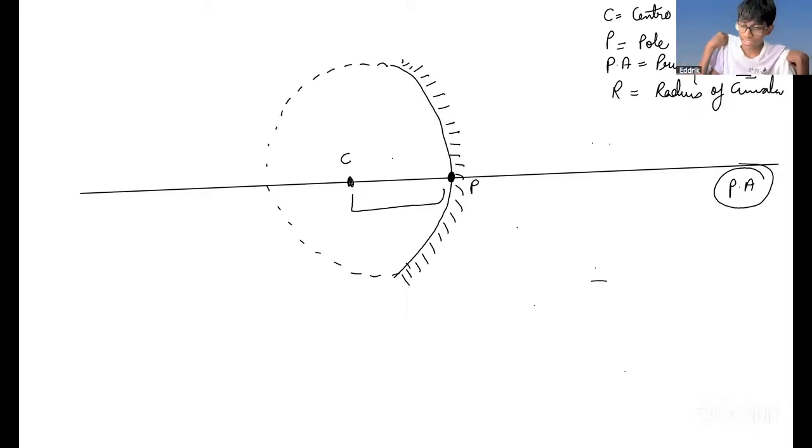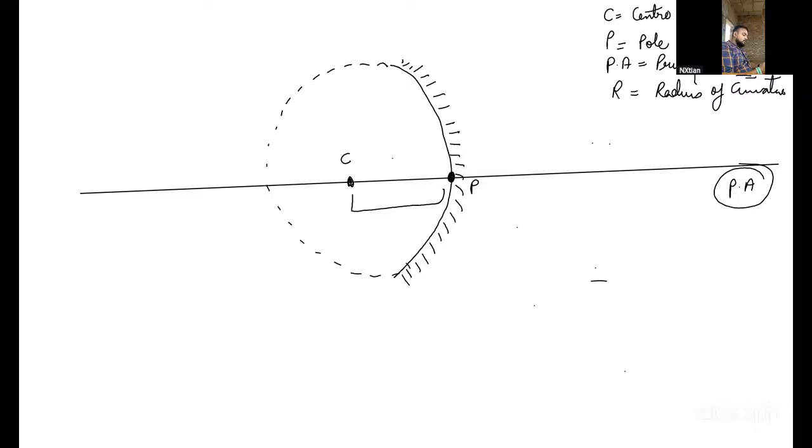We learned in the gravitation chapter G into capital M into small m by R square. R is the distance, the radius. Same for here. R is the distance between C and P. Here that R is not a hard and fast rule. Some books mention D also. So R is basically the distance.